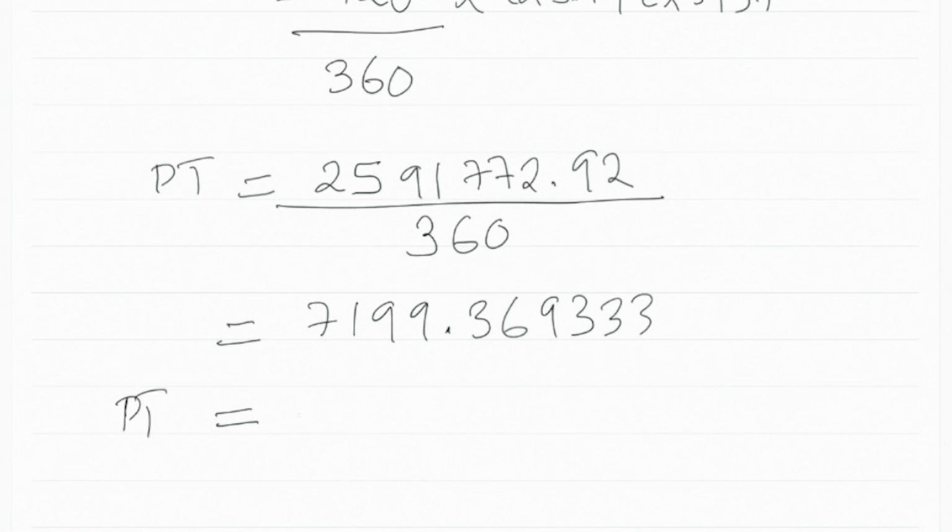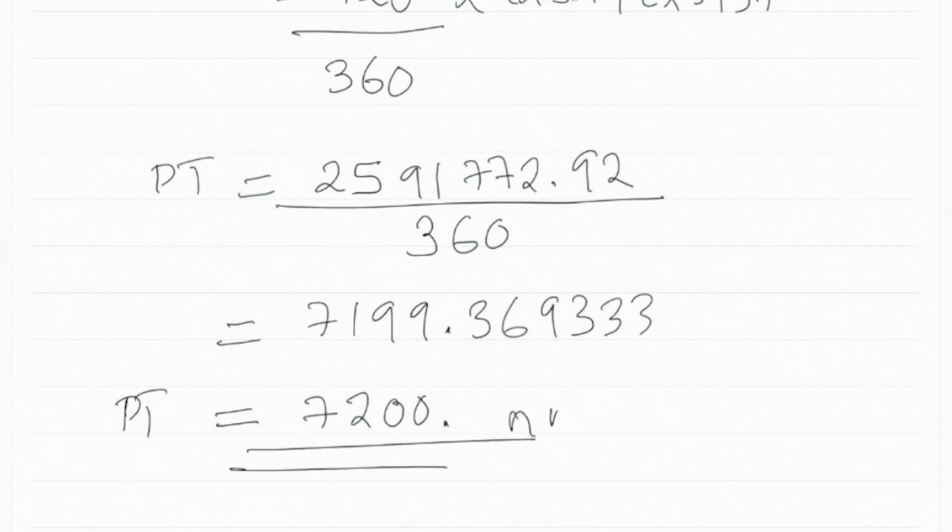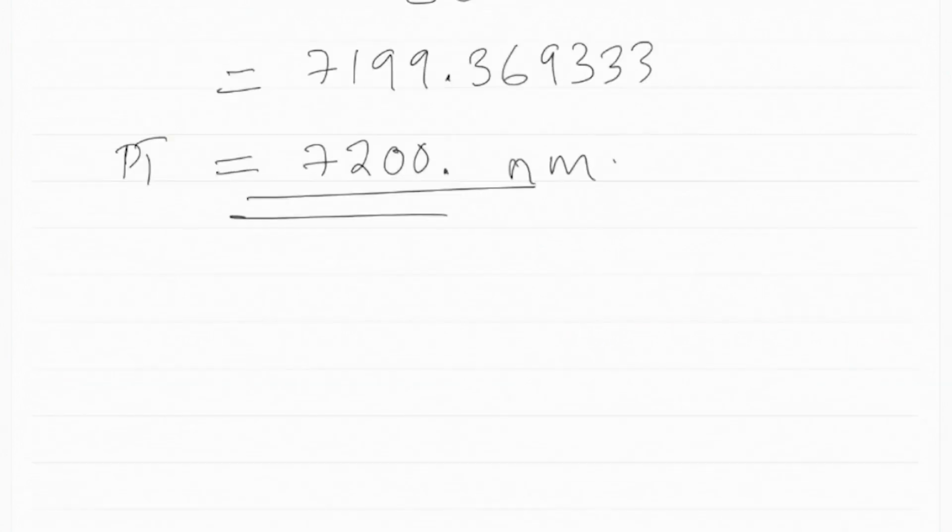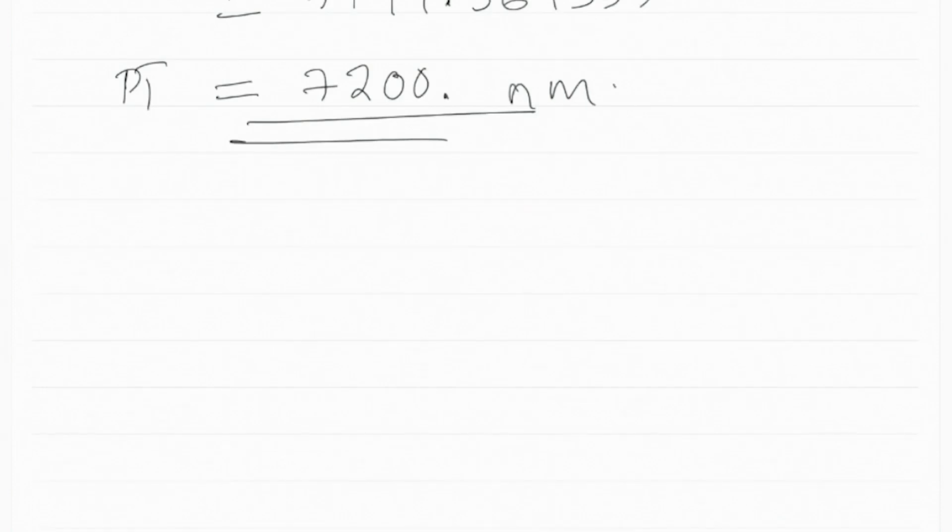And then simplifying it further, our PT is going to give us 7,200 if we round it off, and this is in nautical miles.